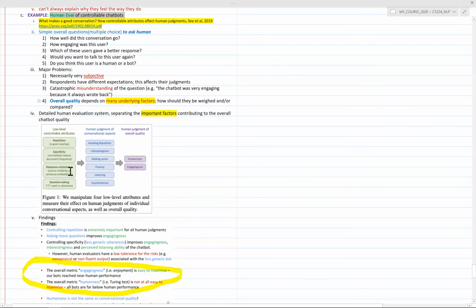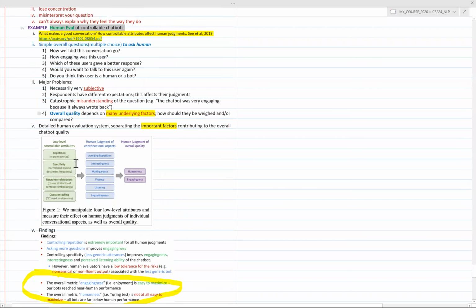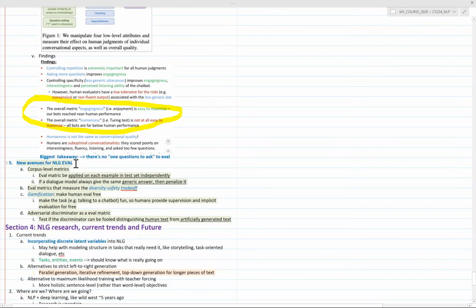And there are several other new things happening in this neural language generation evaluation world. So the first one is called the corpus level metrics.